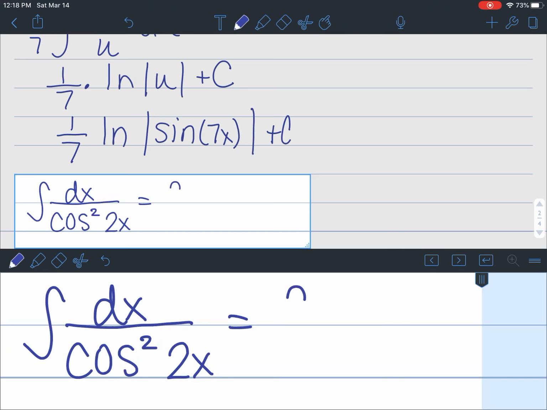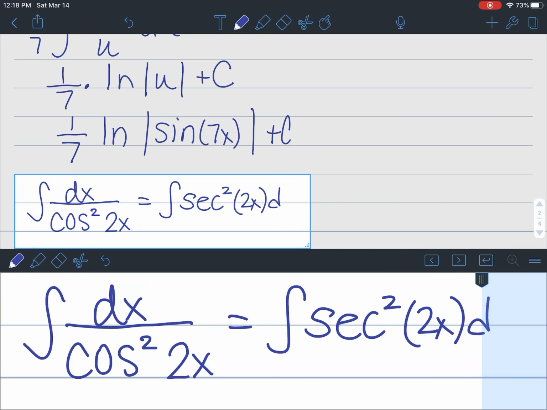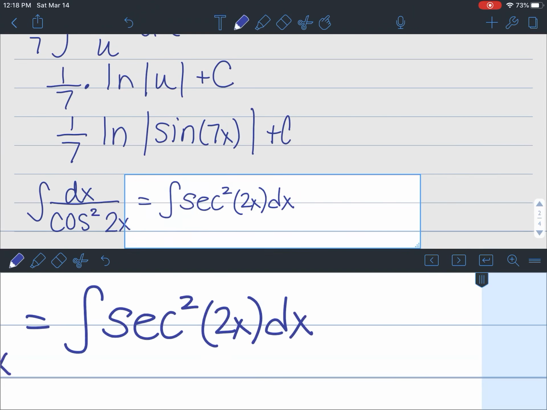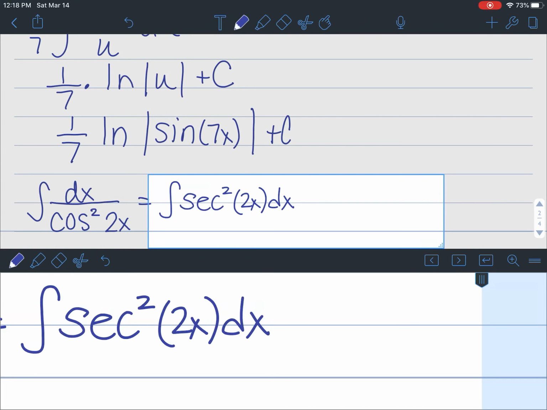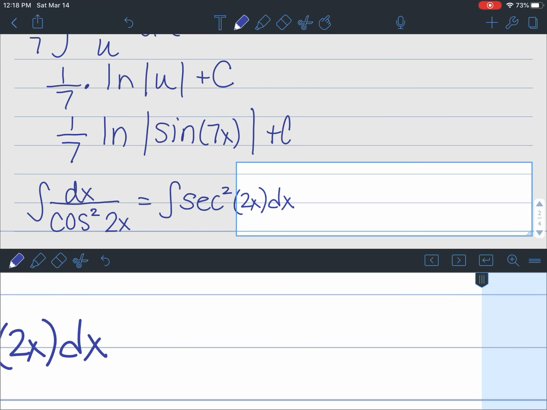Can anybody see some trig we could do with this to make our lives easier? What is cosine in a denominator? It's secant. So this could all be changed into secant squared of 2x times dx. Now, I know the integral of secant squared, so that's good. But look at this 2x in there. That's no good.